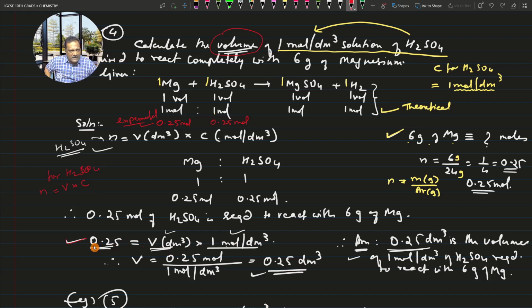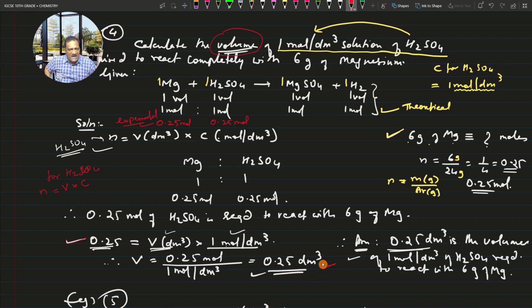So if you work out this, you will get V. So V will be equal to 0.25 mole divided by 1 mole per decimeter cube. That is the concentration. This will work out to 0.25 only. The numerical value will be 0.25. And you can see a mole and mole will get cancelled and you will get 0.25 decimeter cube.